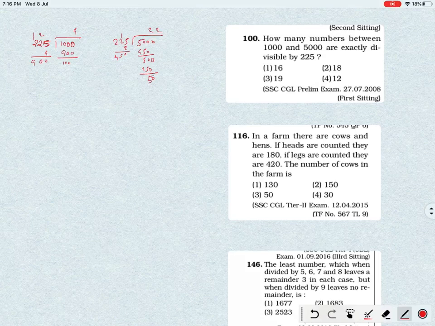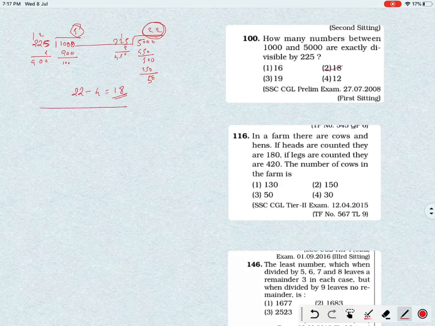So 22 numbers are there from 0 to 5000 which are divisible by 225, and 4 numbers are there from 0 to 1000. Therefore 22 minus 4, that is 18 numbers, are there between 1000 and 5000. Therefore option 2 is correct.